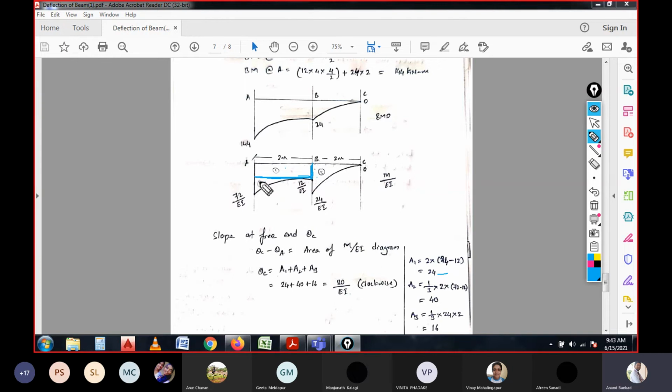Next, for A2, 1/3 of base into height. So base is 2 meter over here, and height is 72 minus this 12, because we need only this one.